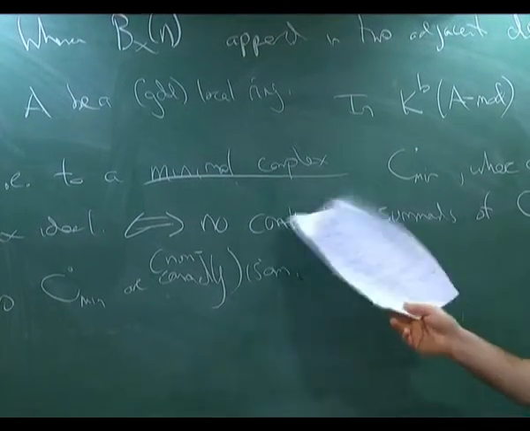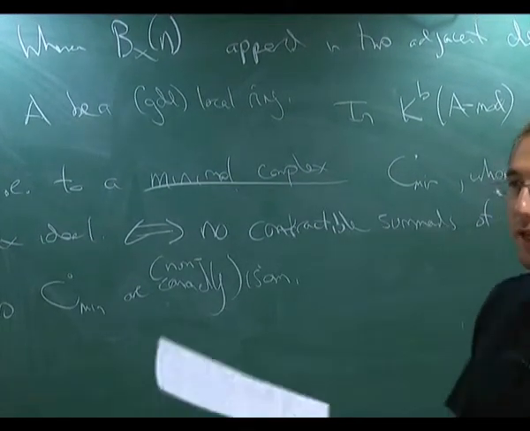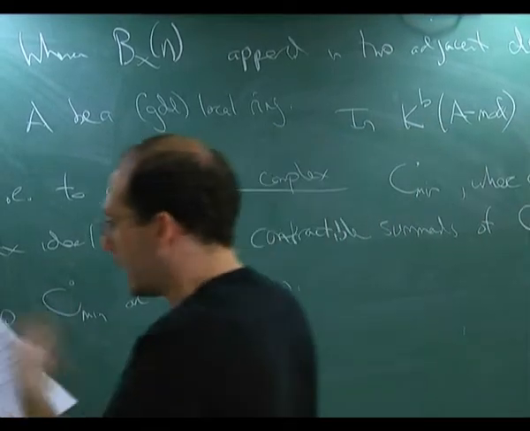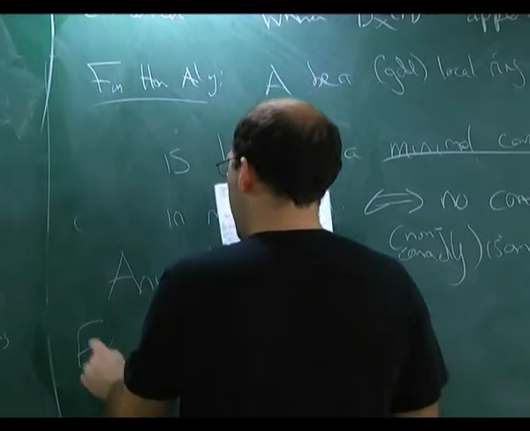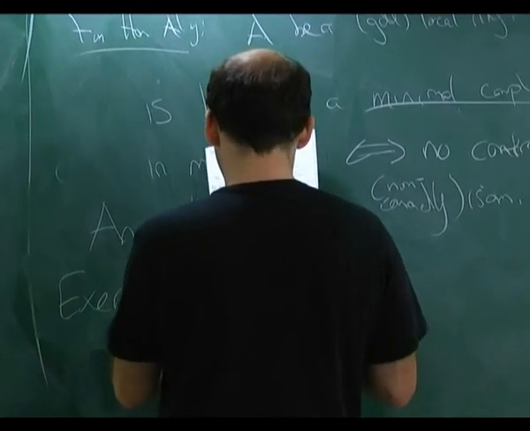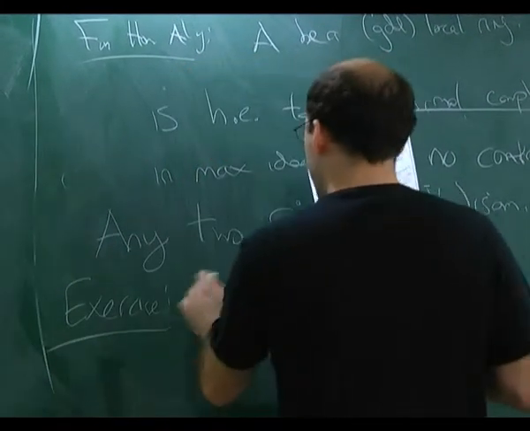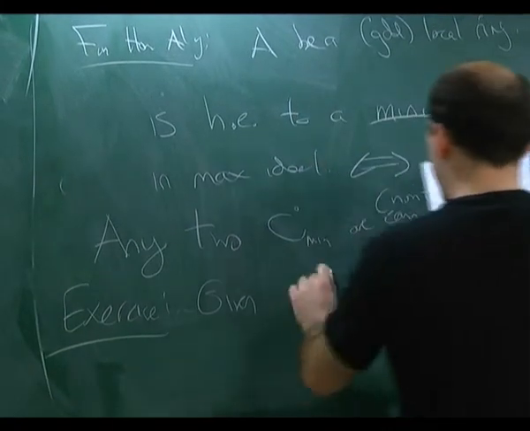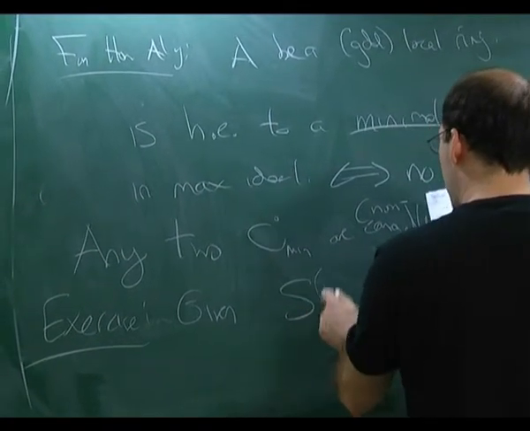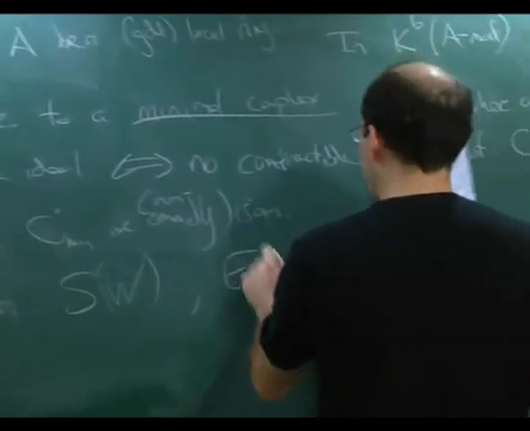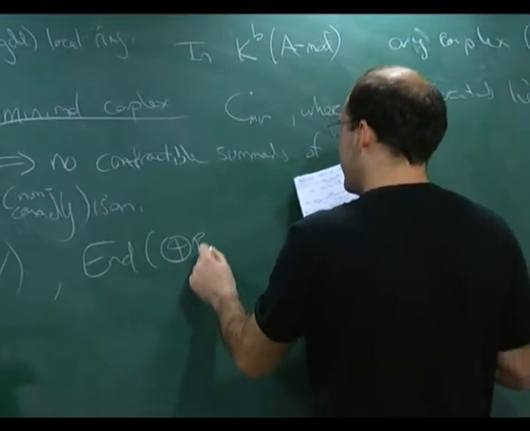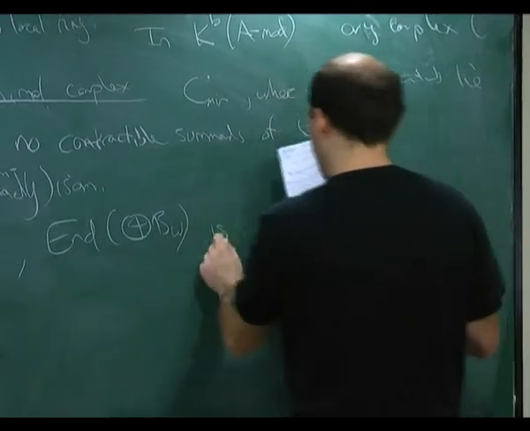And the proof is that anything not in the maximal ideal leads to a contractible summand. Then you contract it and you repeat until you're done. Okay? So, the exercise is that given the Soergel conjecture on all elements of W, the endomorphism ring of the direct sum of these guys, this is not an exercise anymore, is a graded local ring.